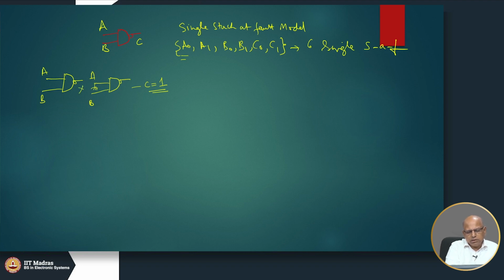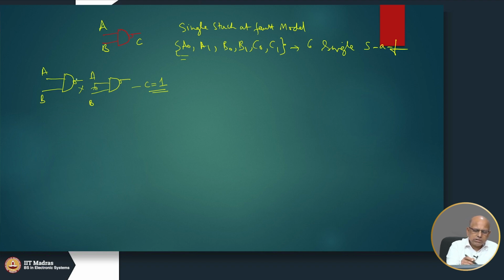If you can make C become equal to 0 and with the help of a measuring device, tell me that look, C is actually 0, it is not going to get stuck at 1. So, as a result, A is not stuck at 0. If A is stuck at 0, output would have been stuck at 1, but look, I am showing you that output is not stuck at 1.